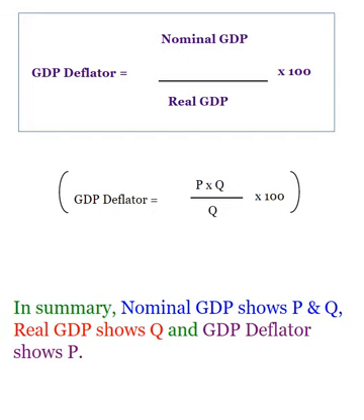Nominal GDP includes price and quantity, whereas real, because we've adjusted it for inflation, we've taken prices out, and all we're seeing is quantity. So when you set them up in an equation like that, price times quantity divided by quantity, all you're left with is that price. So the GDP deflator uses GDP to show us price changes.